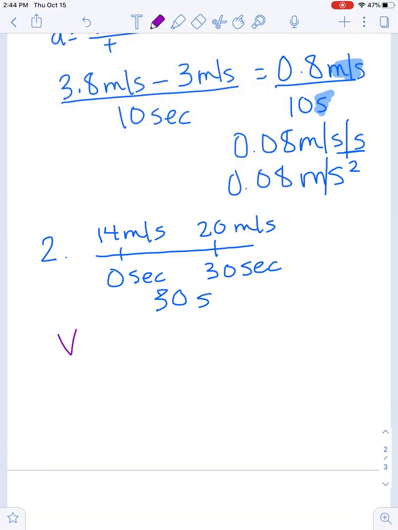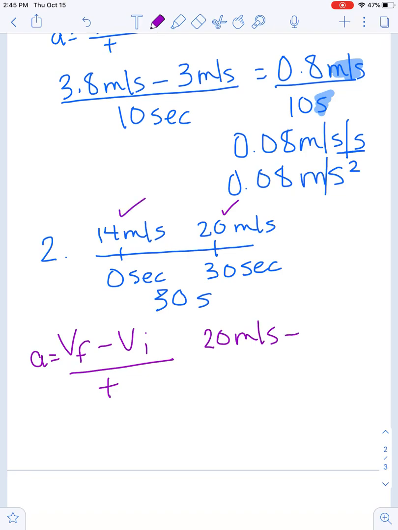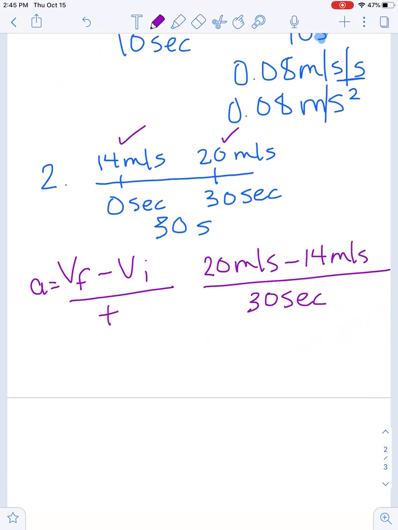Okay, so understanding that my formula is final velocity minus initial velocity divided by time. Here is my final, 20 meters per second. Subtract off my initial, 14 meters per second, divided by my time, which was 30 seconds. Then I put that into my calculator, so 20 meters per second minus 14 meters per second is 6 meters per second, divided by 30 seconds.